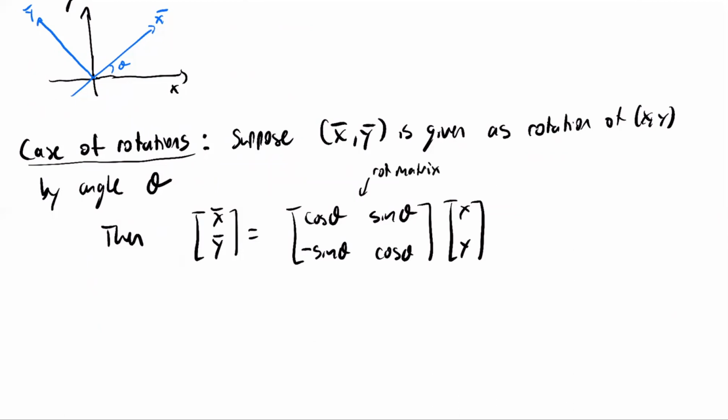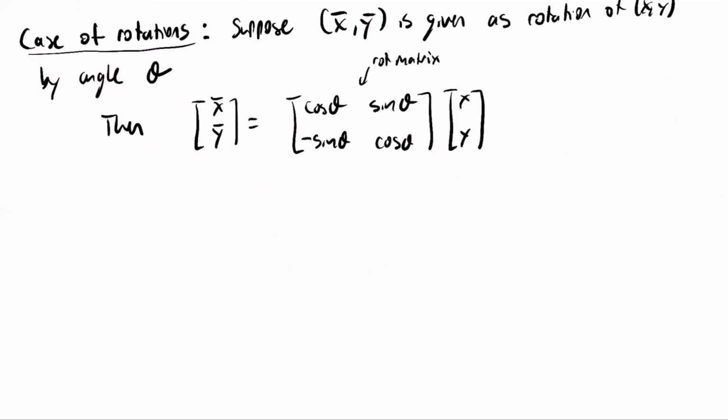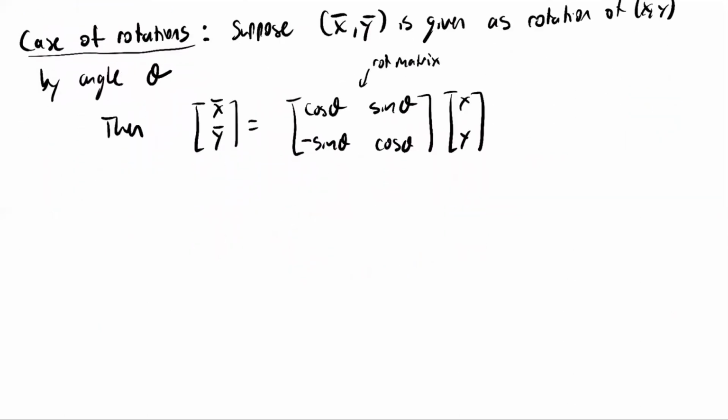Right, and so this means that if I start with my original coordinates x comma y, and I apply this rotation matrix, it gives me my new coordinates. And geometrically, what happens is I just take the point x comma y and I rotate it by the angle theta. And so what does this say if I write out the definition of the action of this matrix? Well, we end up with formulas for x bar and y bar in terms of x and y.